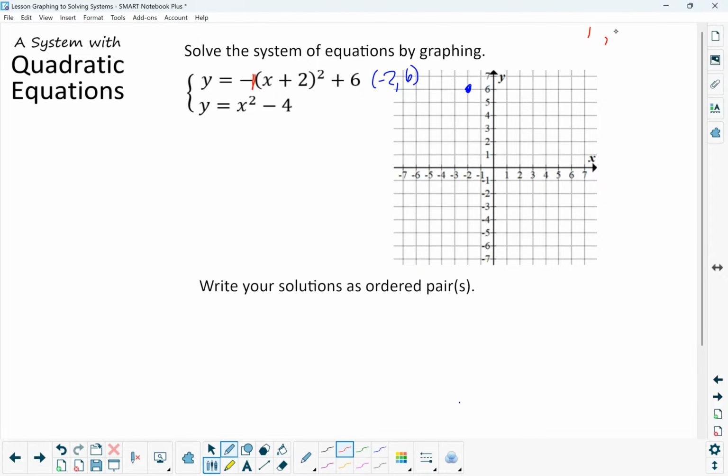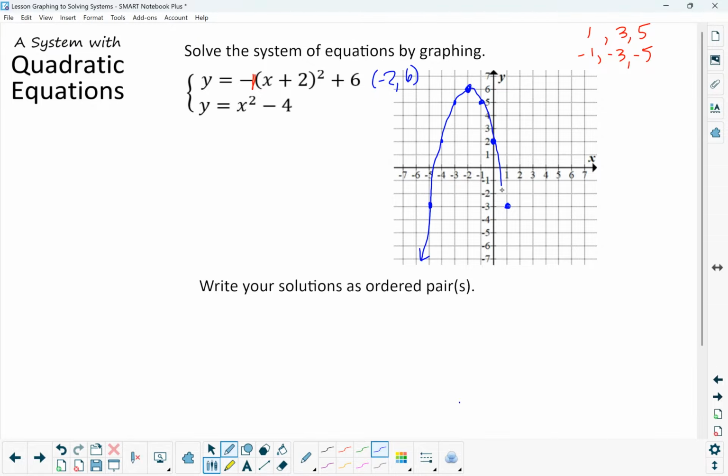So the 1, 3, 5 pattern is multiplied by -1 for this parabola. It's going to be -1, -3, -5, which just means that the parabola is opening downward instead of upward. So down 1, over 1, down 3, down 5 as we go over 1. And it is symmetric, so we have that in both directions.